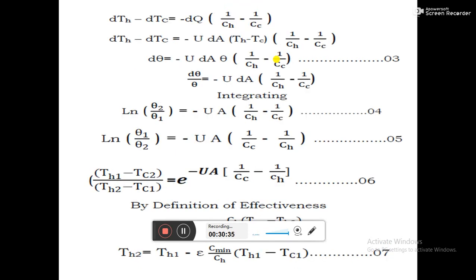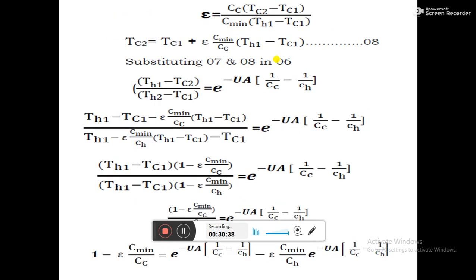We will get Th1 minus Tc1 in the numerator, substituting the value of Tc2, and we will get Th1 minus Tc1 minus effectiveness into C minimum by Cc into Th1 minus Tc1, and in the denominator, substituting the value of Th2, we will get Th1 minus effectiveness into C minimum by Ch into Th1 minus Tc1 equals e to the power of minus UA into 1 by Cc minus 1 by Ch.